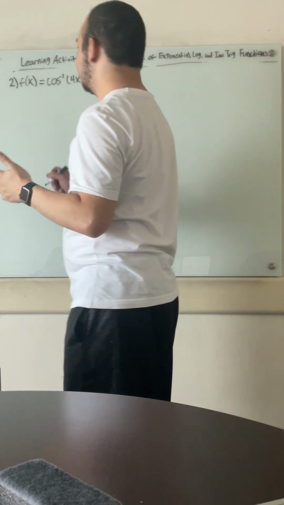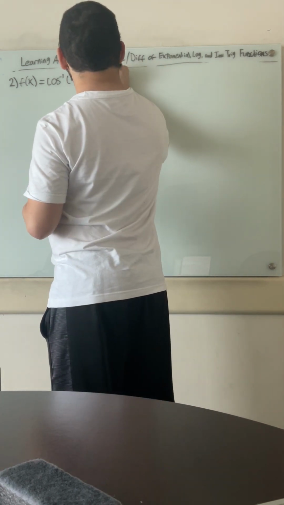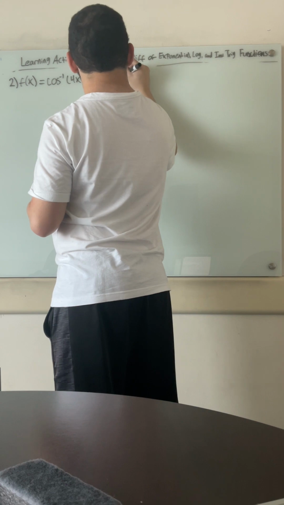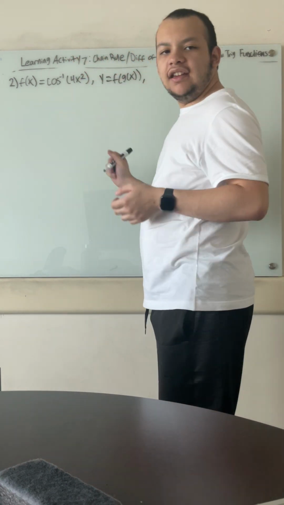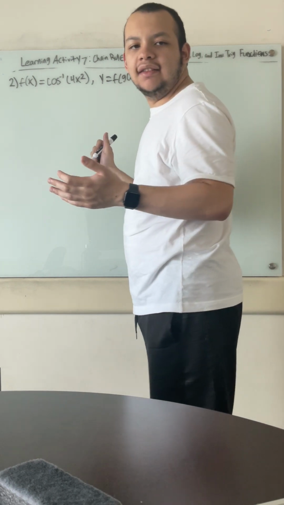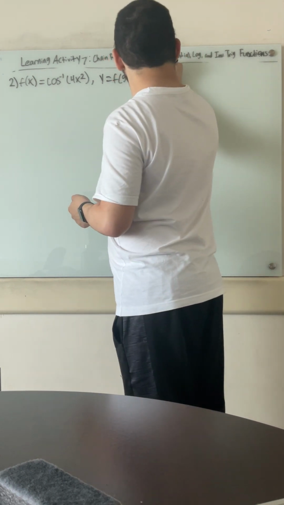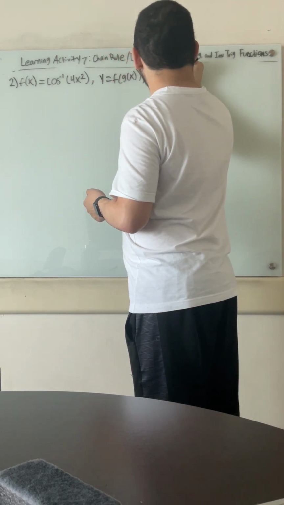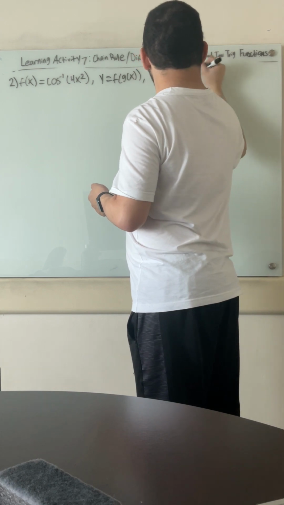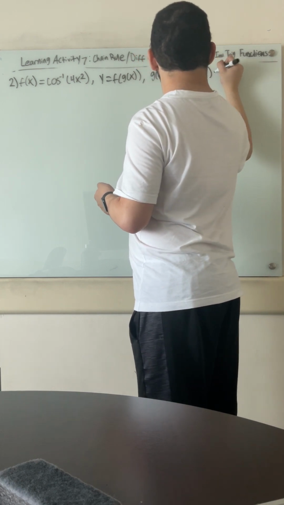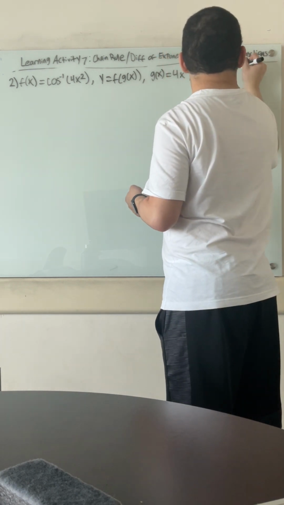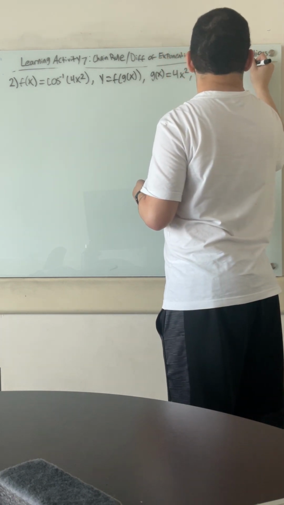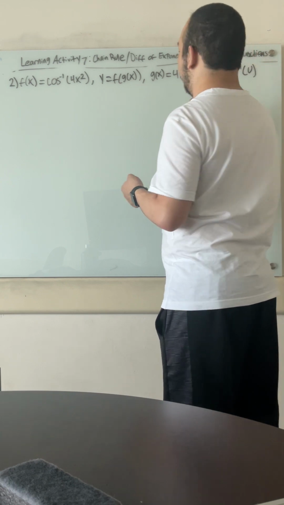So under a composite function, we know that y is equal to f of g of x. So in this case, our g of x is going to be 4x squared, and our f of x is going to be our cosine of u. All right.